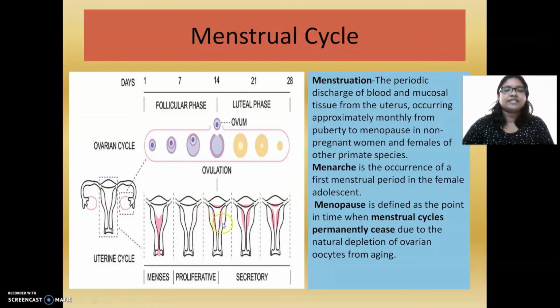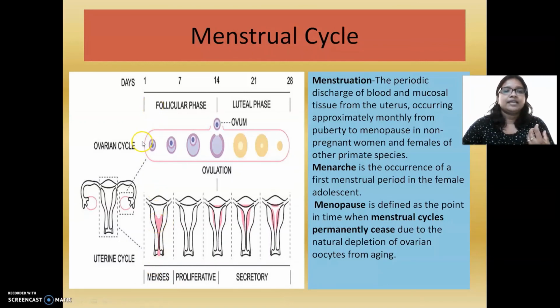And from 17th day onwards, if the egg is not fertilized, the newly prepared blood vessels get ruptured, and by the end of the month, it comes out from the uterus in the form of a blood flow for about 4 to 5 days, which is called menses. And the menstruation will be counted in the first 4 or 5 days of the month.